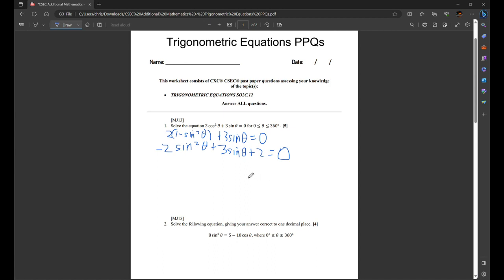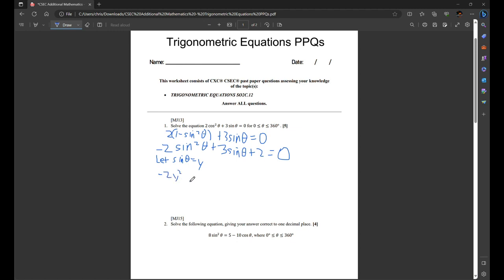If you want to just keep the sine theta there, you can, but for the purposes of simplifying this, we're going to write: let sine theta equal y. This is just to simplify it in your mind.